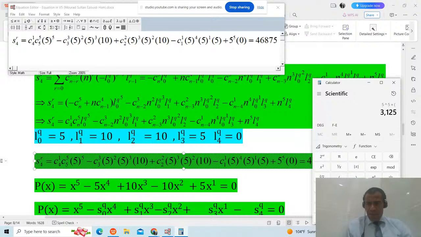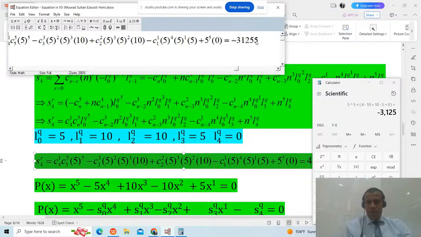Between parentheses I will write 4 minus 10 plus 10 minus 5 plus 0. Close the parentheses now. This one equals negative 3,125. Okay, I will check now.